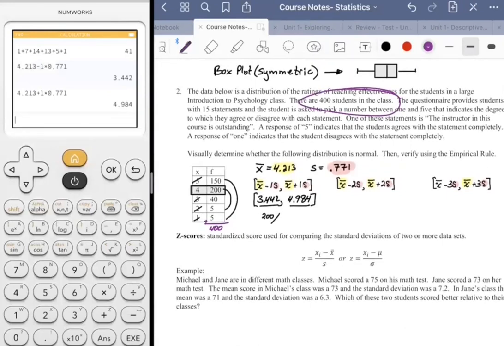So that's kind of noteworthy, that you can actually come up with the total number of individuals just by looking at the problem that's given. So 200 out of 400, that's 50%. I mean, you could show the decimal, but it's spot on 50%.